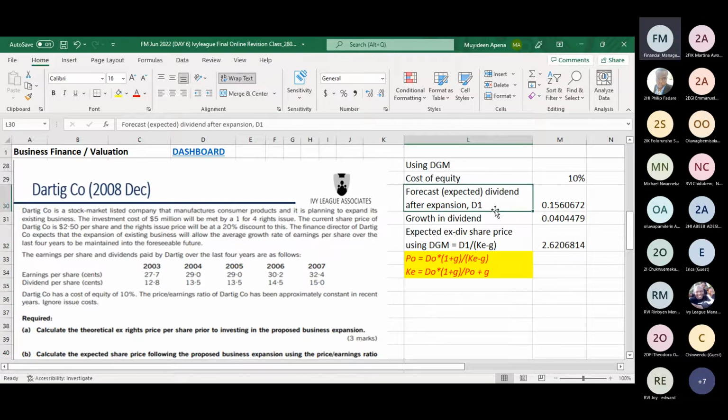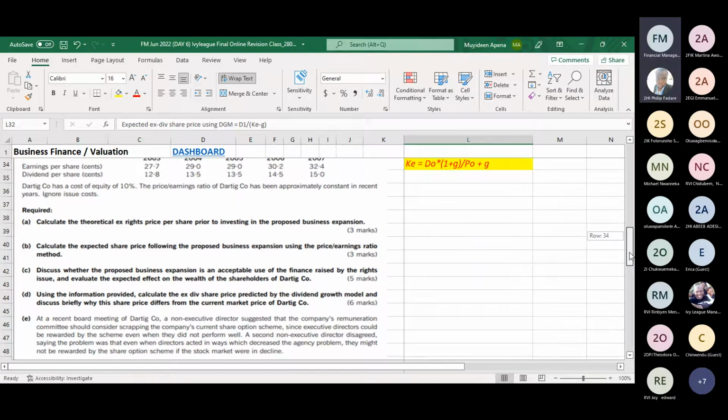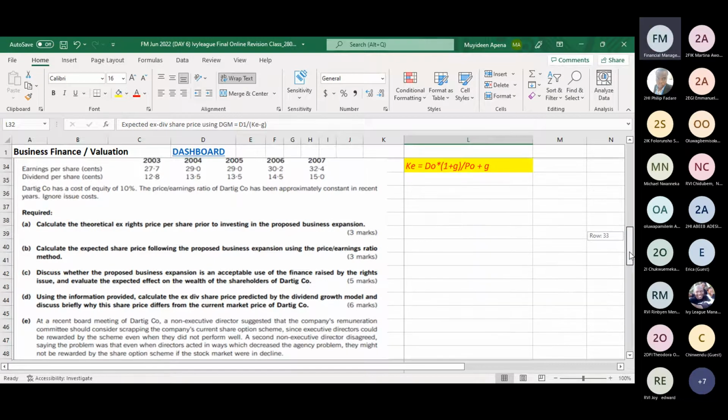So this is a constructed response question. It's not multiple choice where you would have approximated. Okay. So moving on, we have calculated and gotten the ex-dividend share price as predicted by DGM.